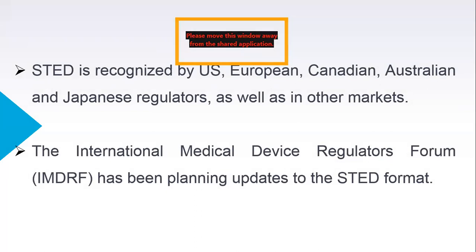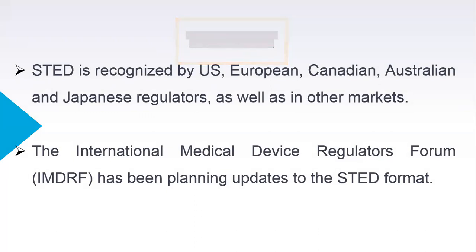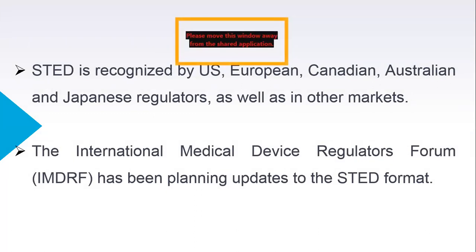Many countries in this world accept the STED, particularly European countries, the United States of America, Canadian, Australian and Japanese regulators, as well as other markets in the world. STED is a universally accepted format to submit your technical information to the regulatory body to get approval of your medical devices before they can be released into the market. Right?